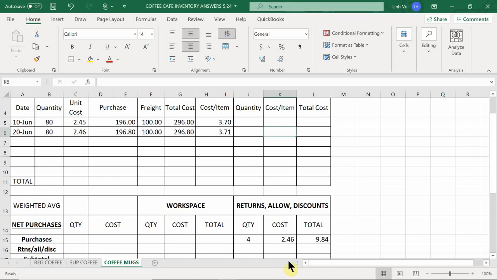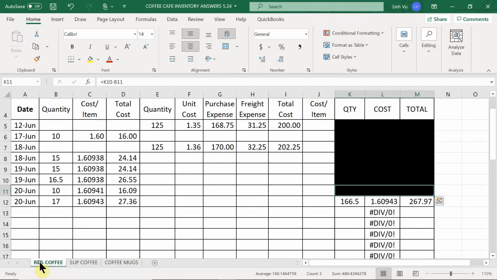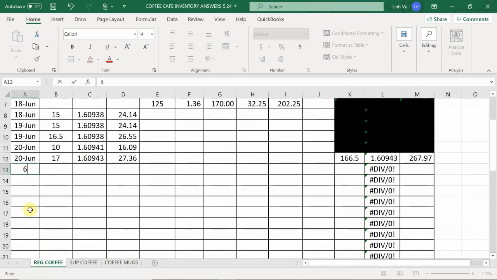We sold coffee, regular coffee and supreme coffee. So in this case, how many pounds of the regular coffee did I sell? 50 pounds.